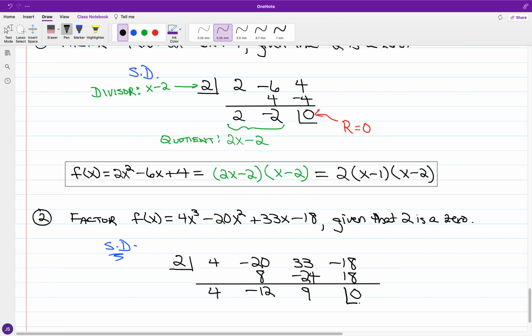And 2 again is a 0, so the remainder again should be 0. And once again, from 2 we get the divisor x minus 2.